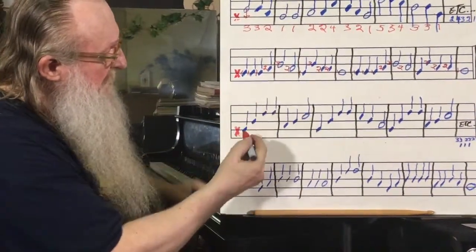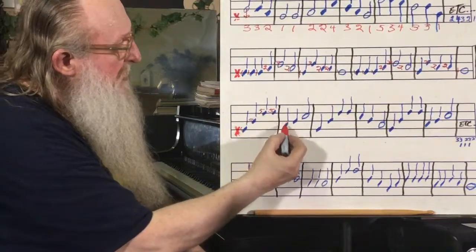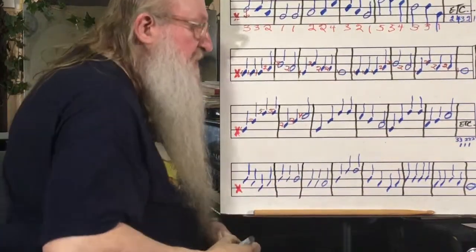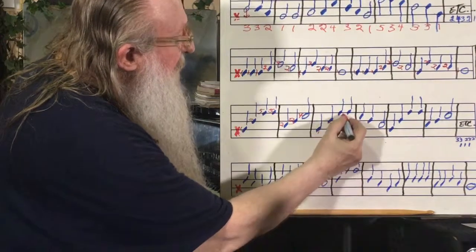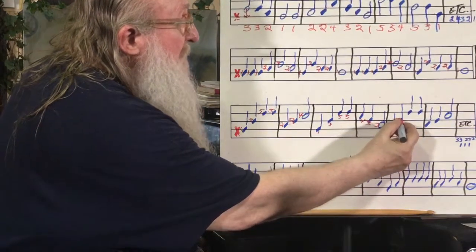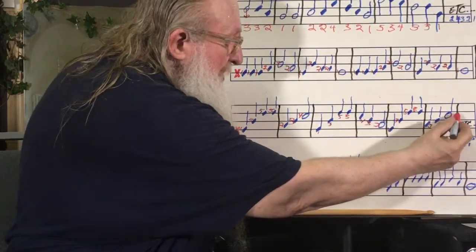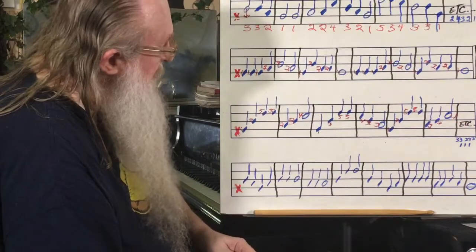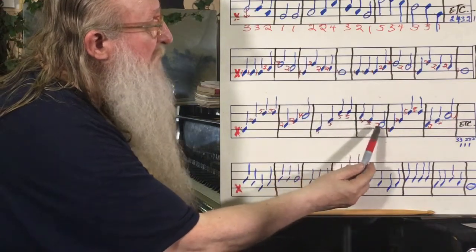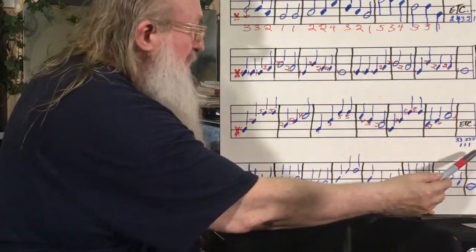Okay, let's take a look at this one. This one starts on 1, 3, 5, 5, 2, 4, 2, 3, 4, 1, 3, 5, 5, 4, 3, 2, 1, 3, 5, 5, 2, 3, 4, 3, 3, 2, 2, 2, 2, 1, 1, 1, 1.